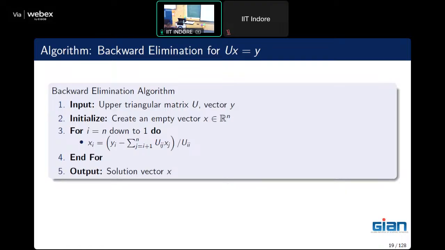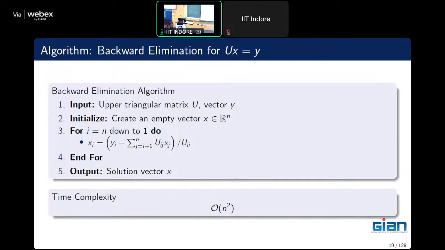So it is i varying from n down to 1. First you take n minus 1 and n, and then finally you take this loop. With this, from our previous slide, you just write a for loop. Just 3 or 4 lines in MATLAB, and you get the solution. And the complexity is order n square.